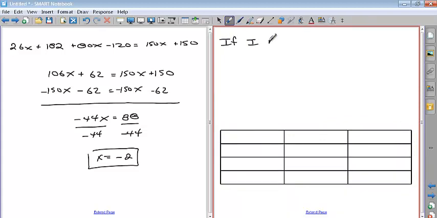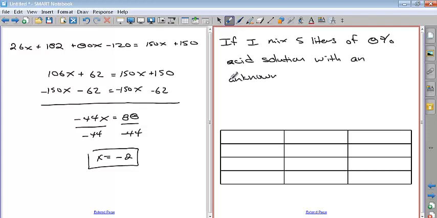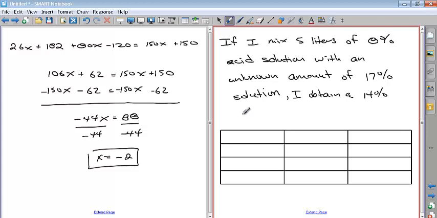If I mix 5 liters of 8% acid solution with an unknown amount of 17% solution, I obtain a 14% solution. How much 17% solution did I add?